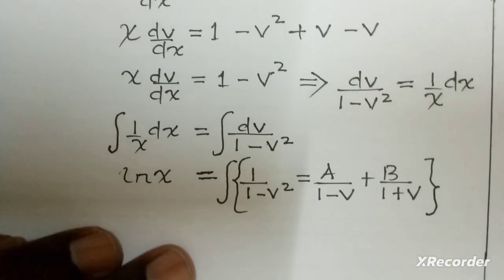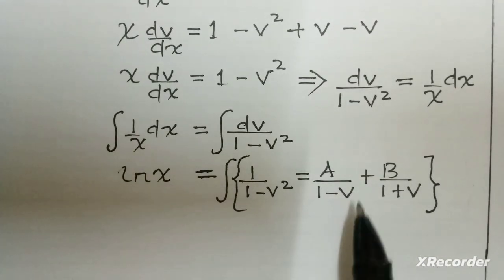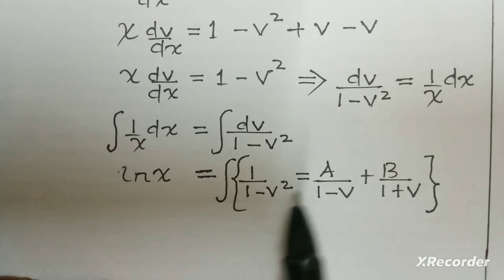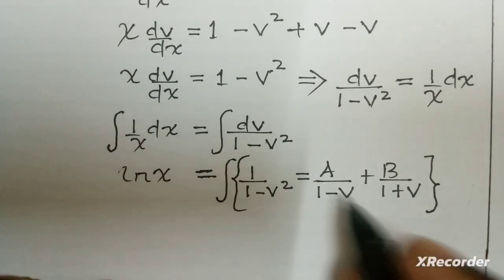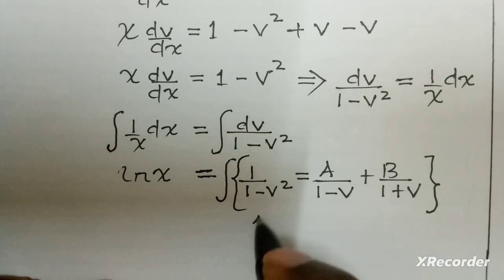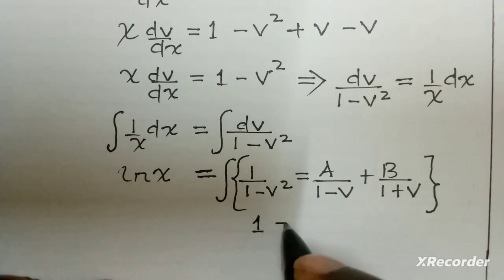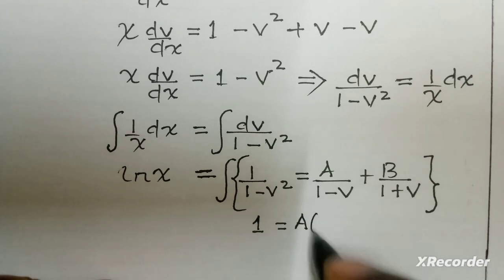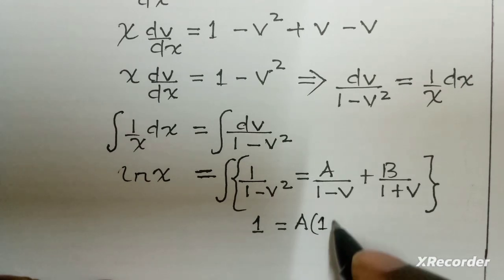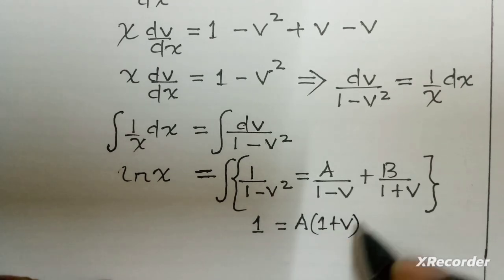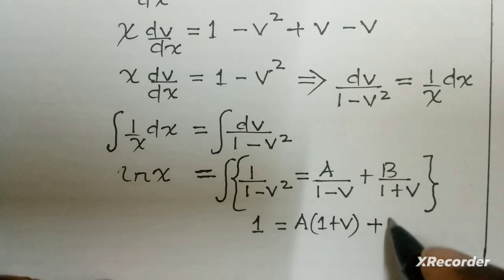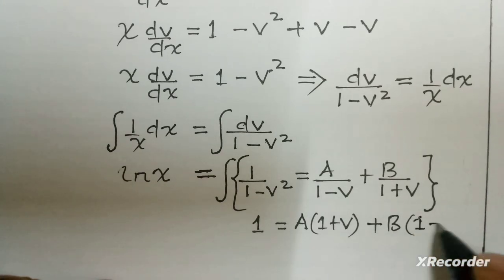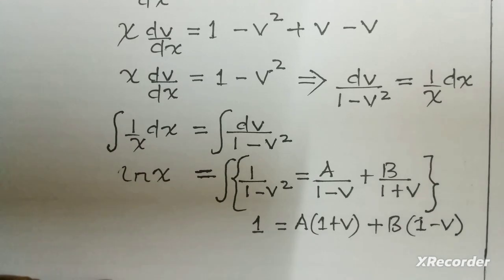So now we work out a and b before we integrate. So this one is going to be 1 is equal to a times 1 plus v plus b times 1 minus v, like that.